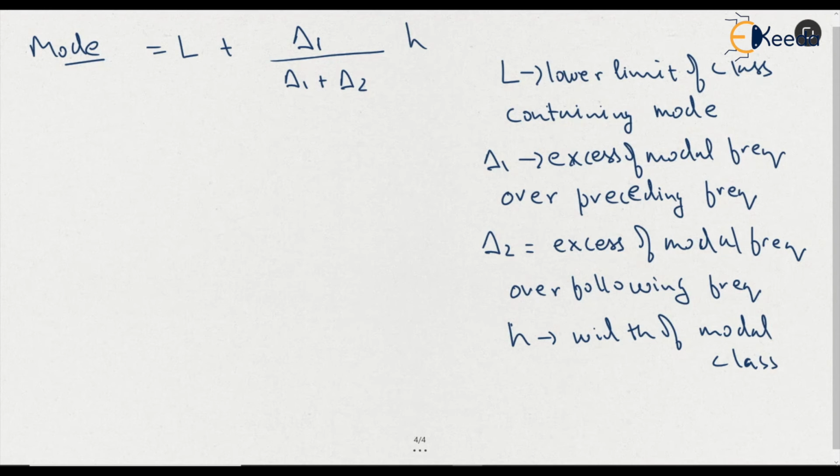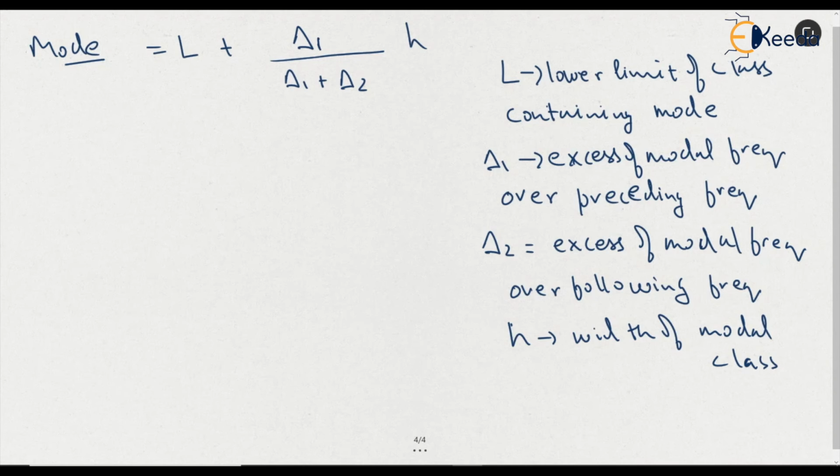So del 1 is the excess of modal frequency. What is this? If we have a modal frequency, maybe it is repeated 5 times or 7 times, in that case we'll see that the previous interval maybe has a frequency of 10 and the modal frequency has a frequency of 15.